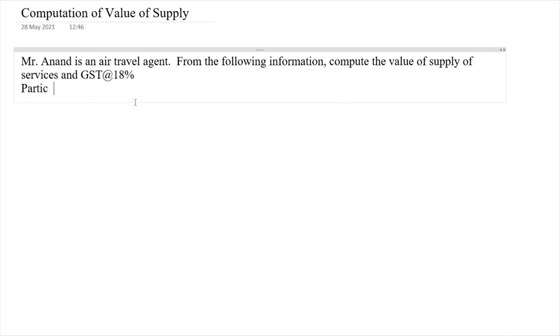Particulars, basic fare. So here A, domestic travel, the basic fare is given as rupees 1 lakh.